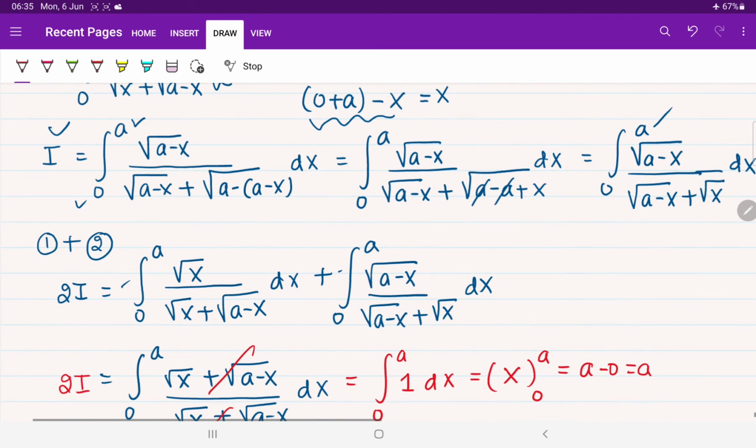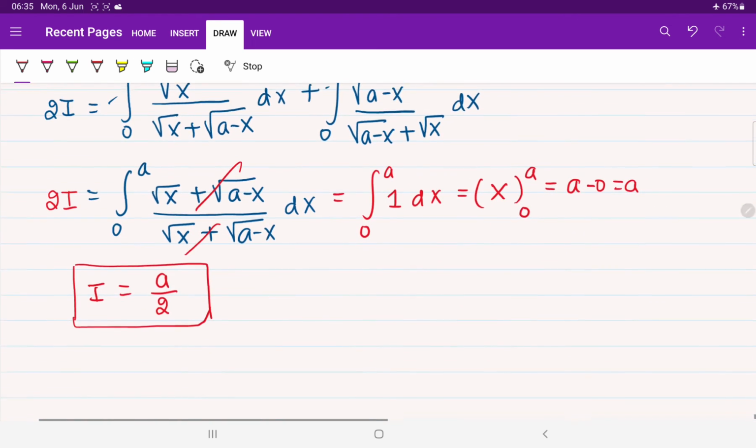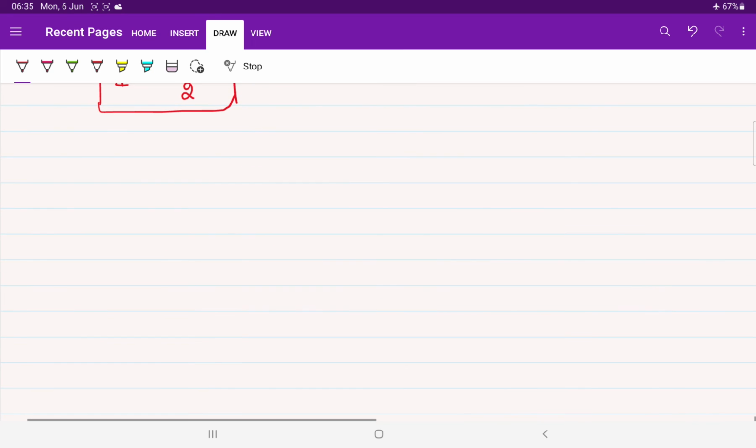Sir, how did you get this idea? Whenever we are observing a definite integral, I also told you to observe the numerator and the denominator. If you find the similarity at any one portion, directly you can observe this property. This is one of the properties of definite integral. The actual relation is, suppose a limit is defined as a to b and a given function is f of x into dx.